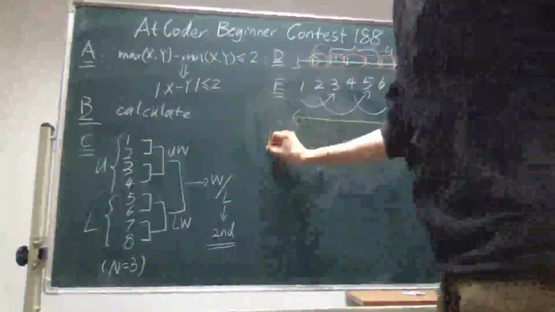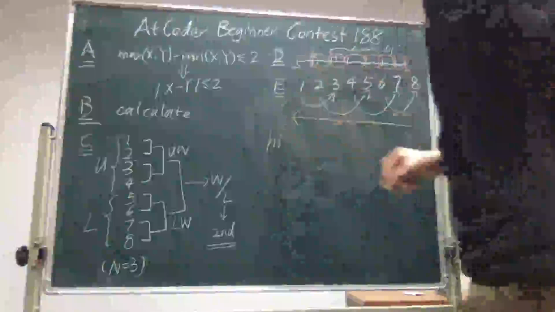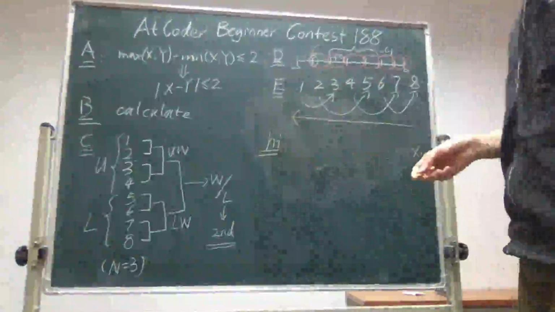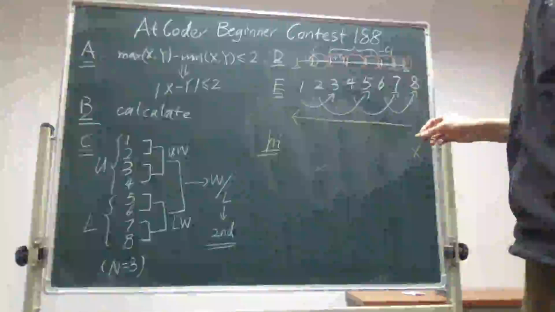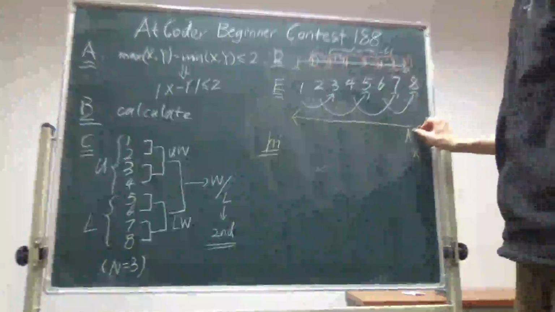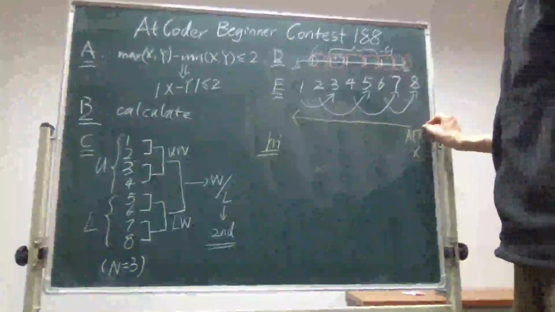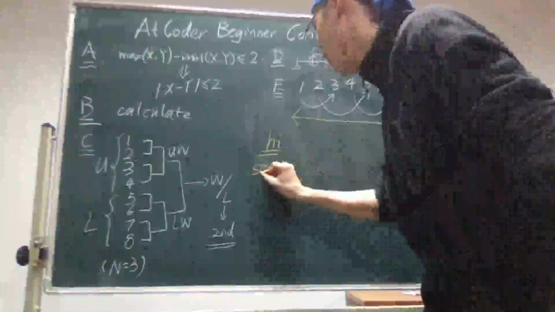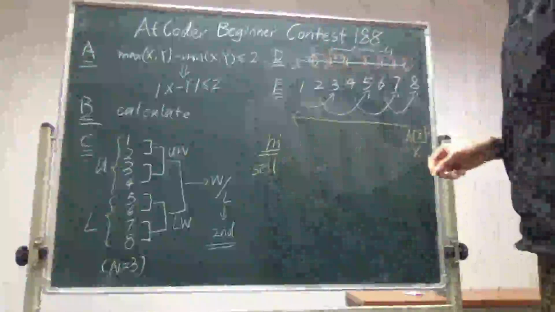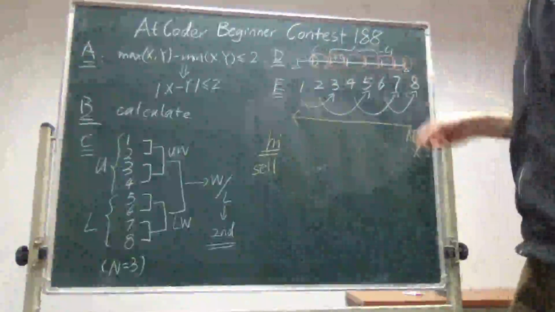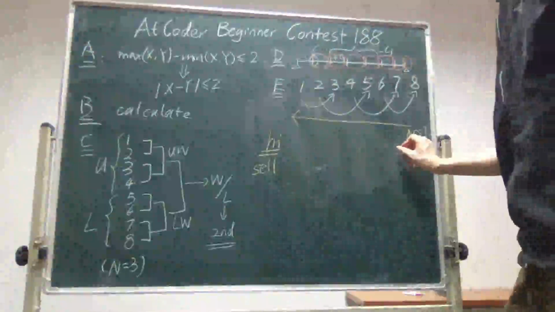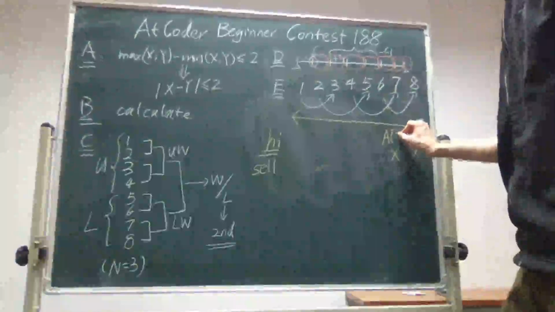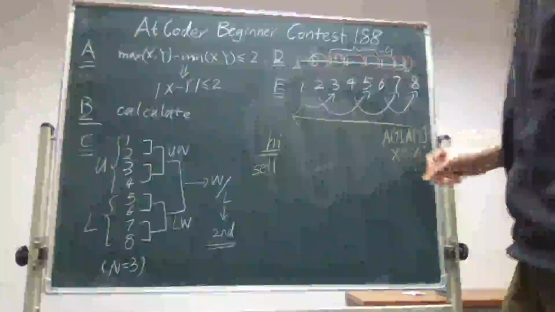But we can update the highest price of term 8 to its own price, A8. Then term 7, it's the same. We cannot sell here, and the highest price is A7.